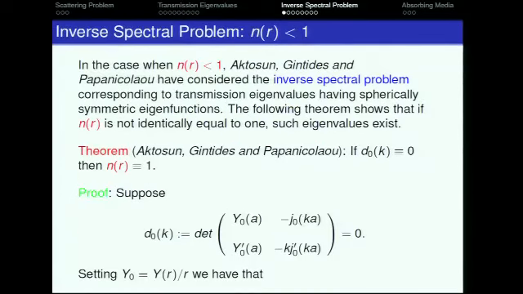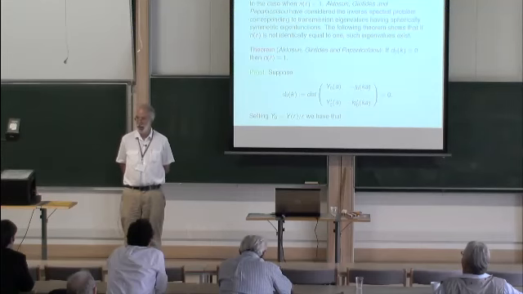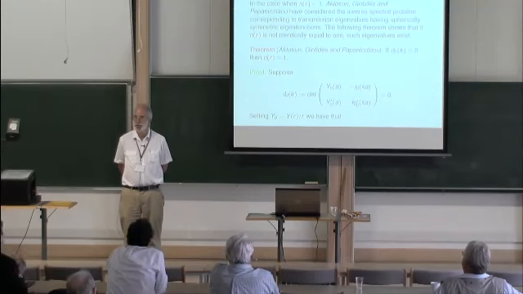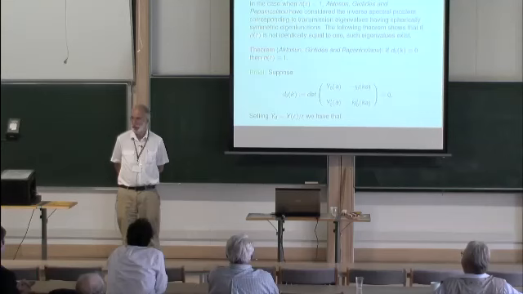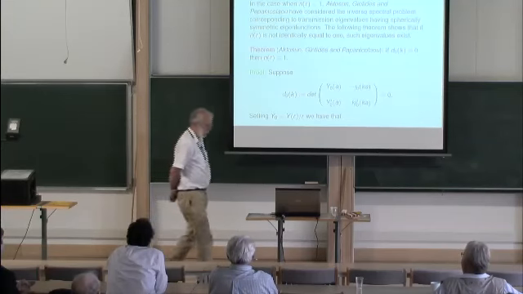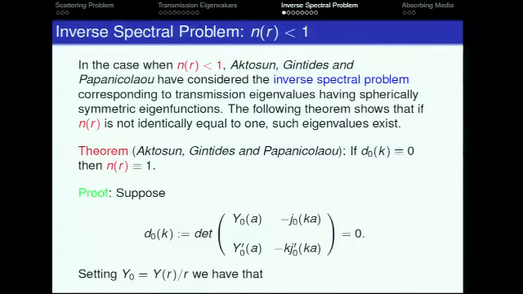Now, for most of the rest of the talk, I'd like to talk about inverse spectral problems. So now that we know that transmission eigenvalues exist, do the transmission eigenvalues uniquely determine n of r? That's the inverse spectral problem. There has been at least one paper that addressed itself to that problem, a paper by Joyce McLaughlin and Polyakov some time ago.